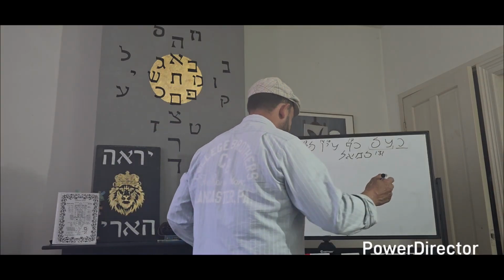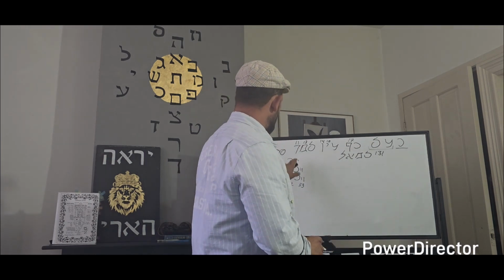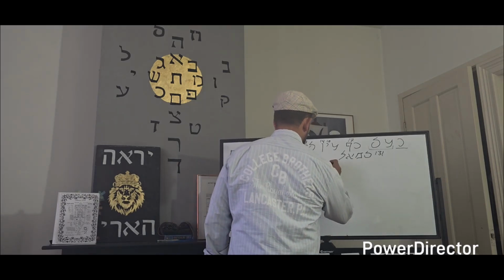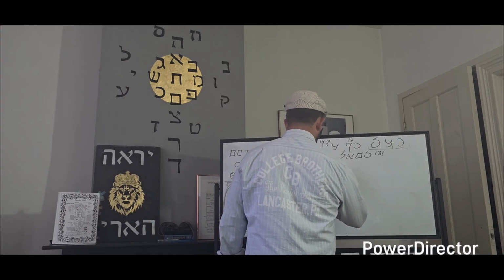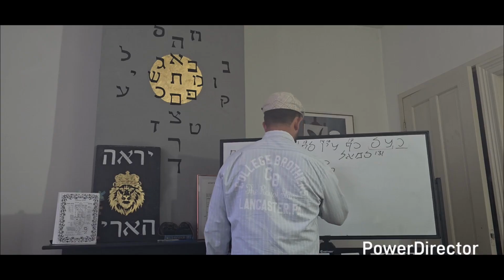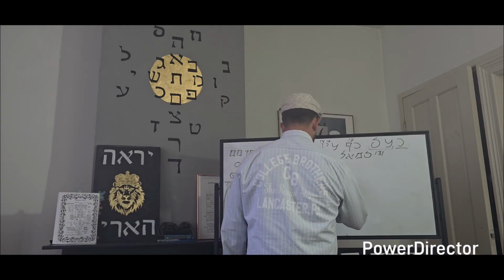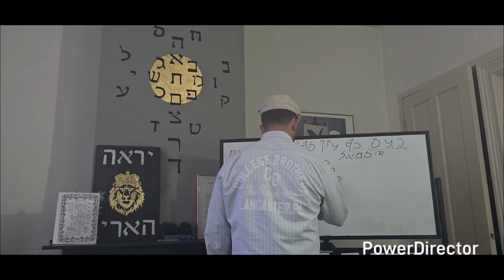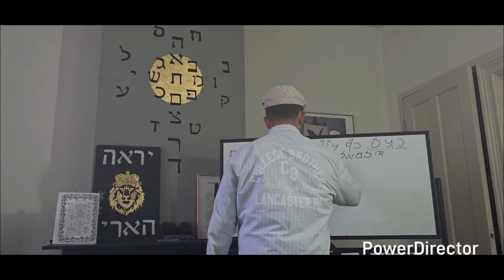Let us proceed to the next triangular expansion, and that is namely the triangular of the Milui, and that is as such. You do Kaf, Kaf, Kaf, Ayin, and then Kaf, Ayin, Samech. Kaf, Kaf, Ayin, Kaf.